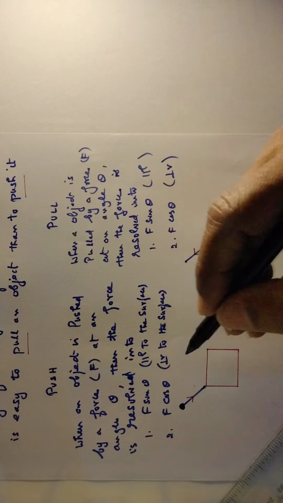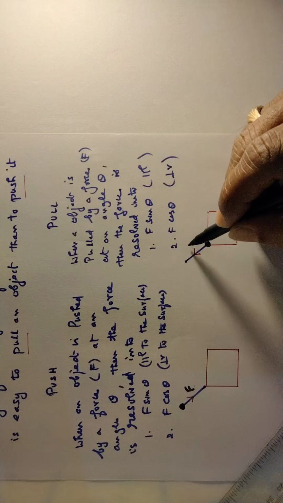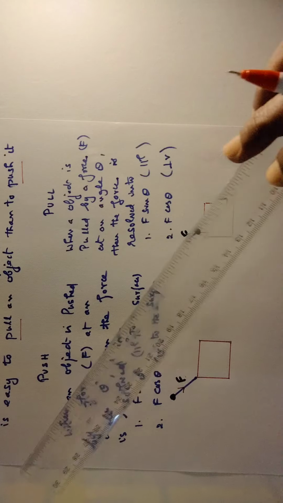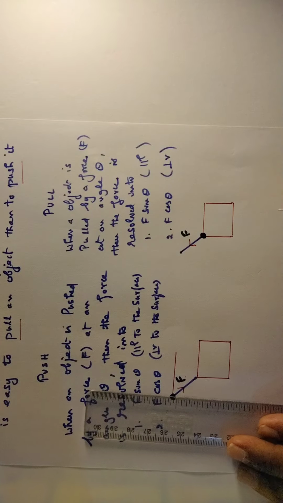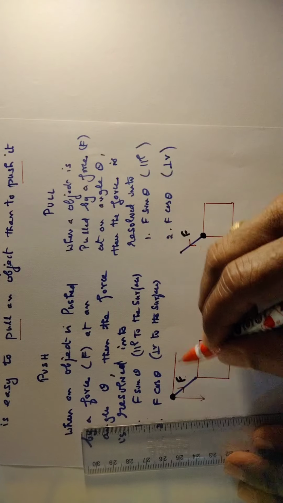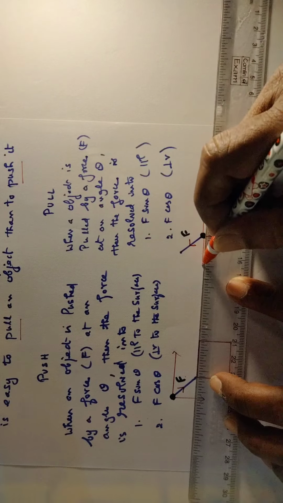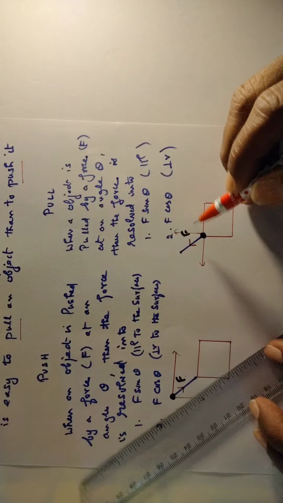From this point the force is acting. Now this F can be resolved into two components, one along the horizontal, another along the vertical. Similarly here, one horizontal component, another vertical component.